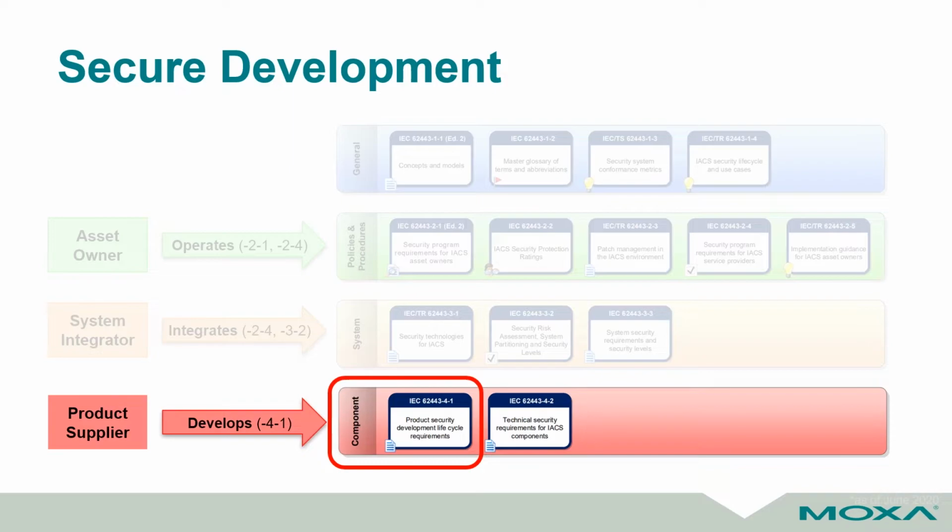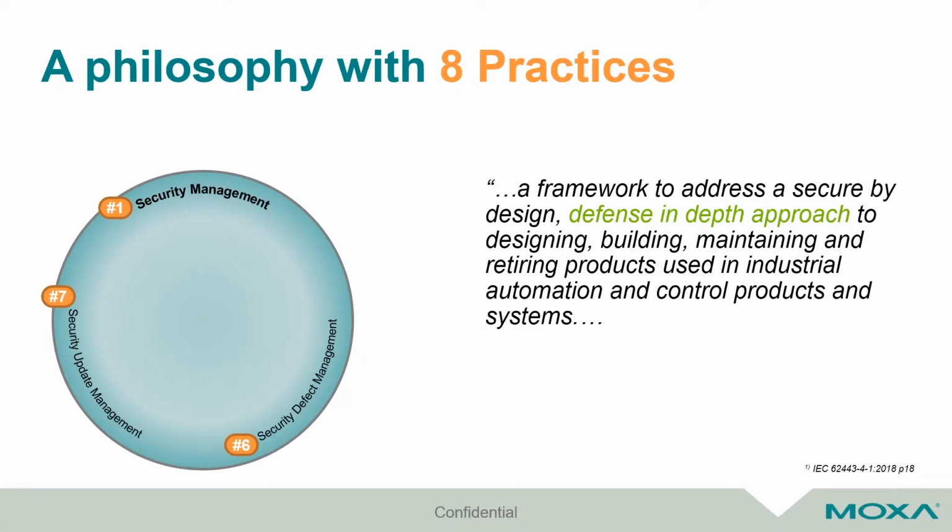The strategy behind 4-1 is a so-called defense in depth strategy, which consists of two rings. An outer ring, which contains 3 out of 8 practices: security management, security defect management, and security update management.